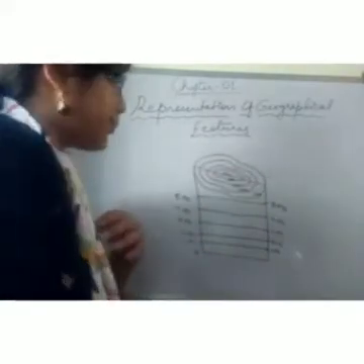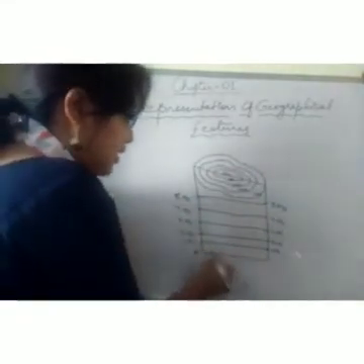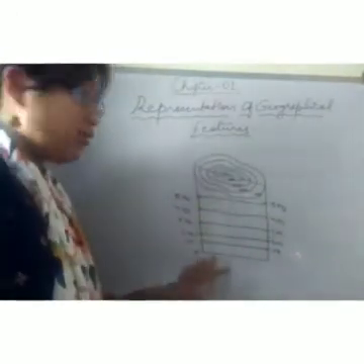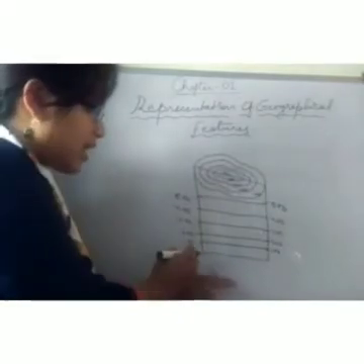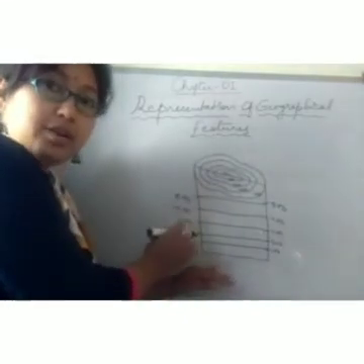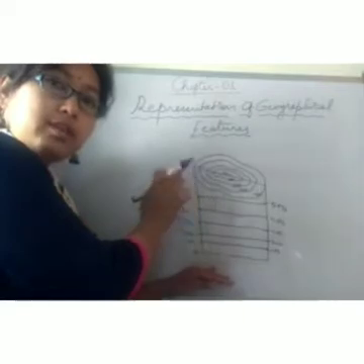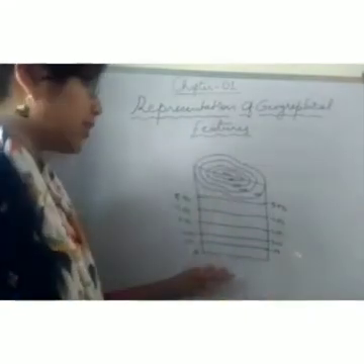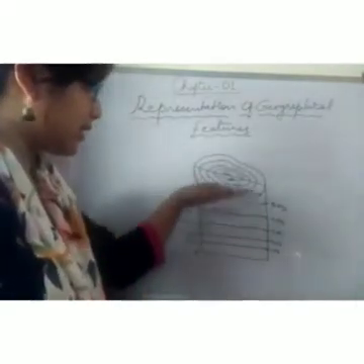Clear? Okay. Whenever you make the scale, you start from 0, then 100, 200, 300, 400. That means in ascending order.